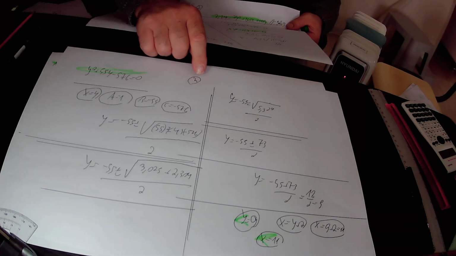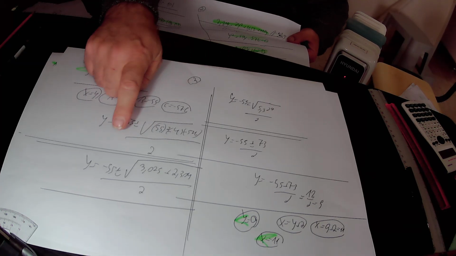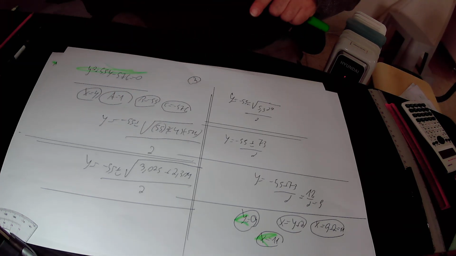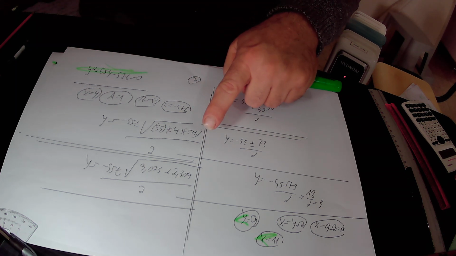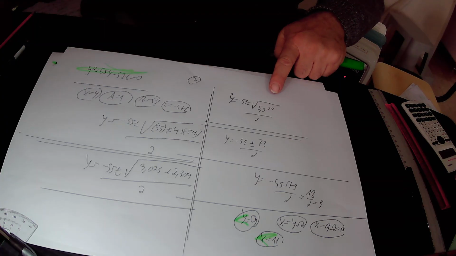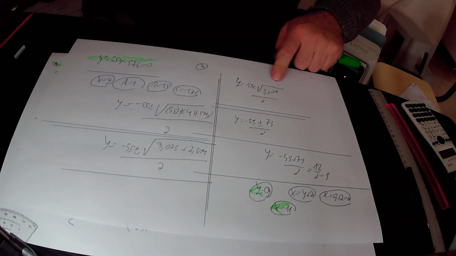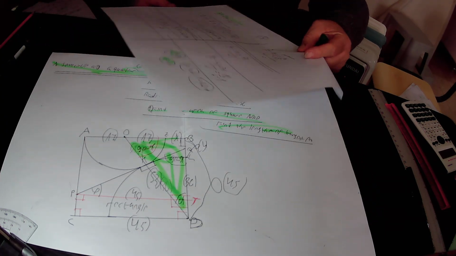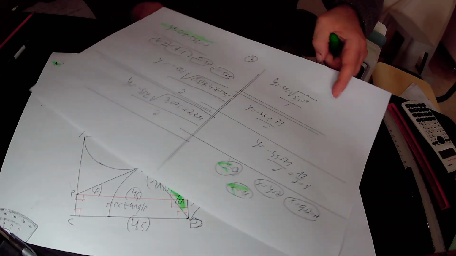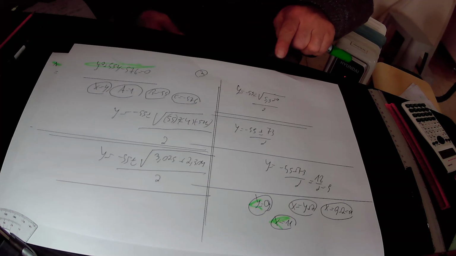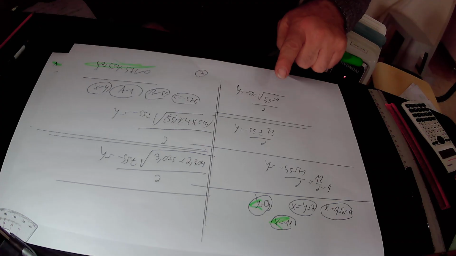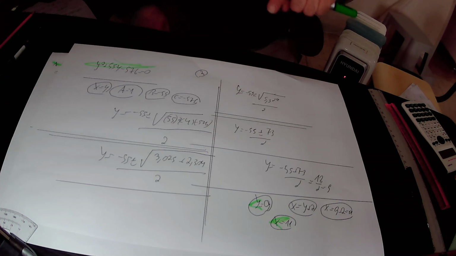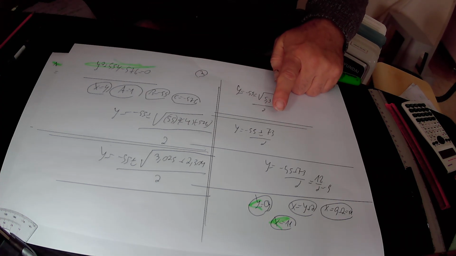So y equals minus 55 plus minus the square root of 3025 plus 2304, which equals 5329, divided by 2. The square root of 5329 is 73. So in total we found out that y equals minus 55 plus minus 73 over 2.